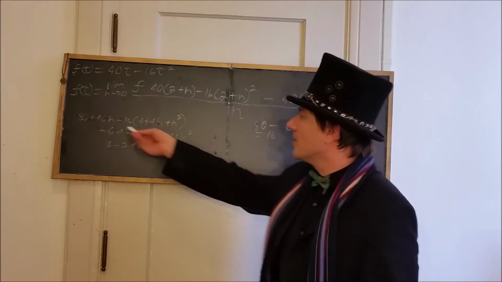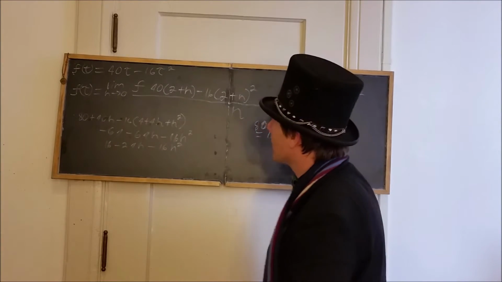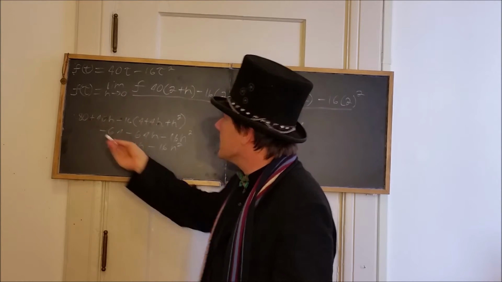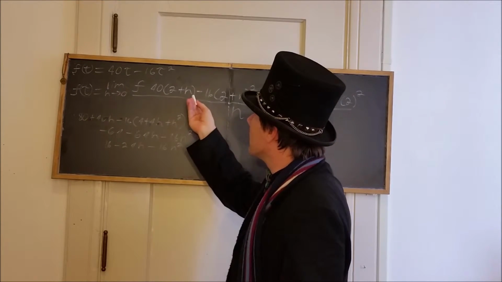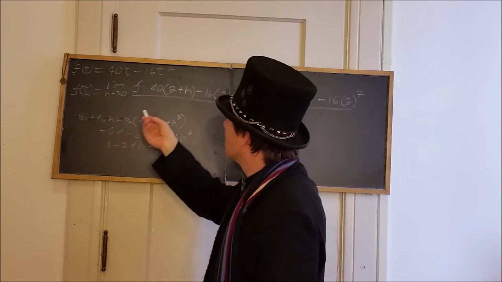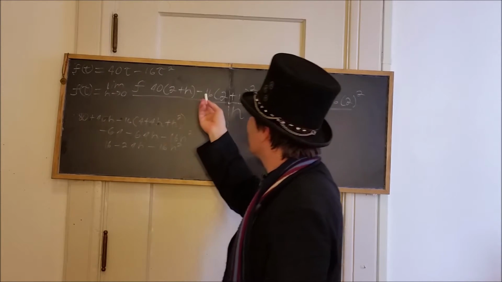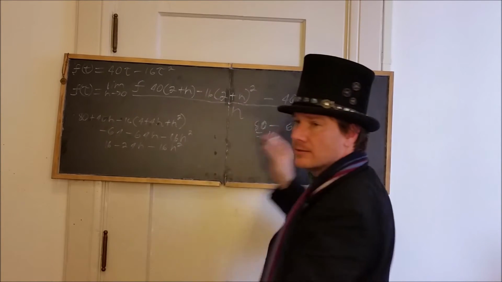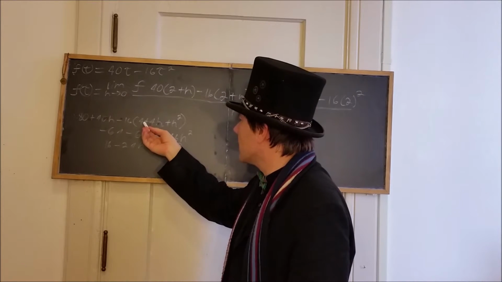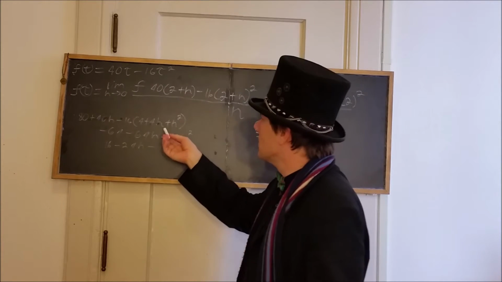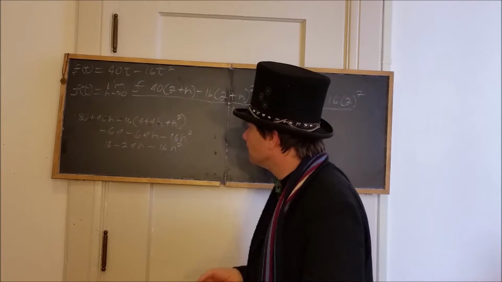So off camera, I decided to go ahead and work out some of this for us. 40 times 2 is 80, and then 40 times h equals 40h, and then we have the negative 16, and I foiled all that for us. So we have negative 16 times 4 plus 4h plus h squared.